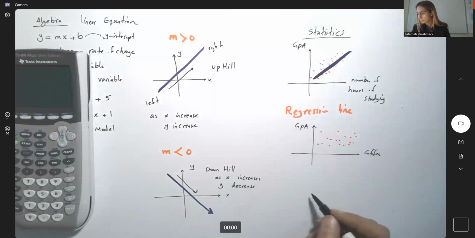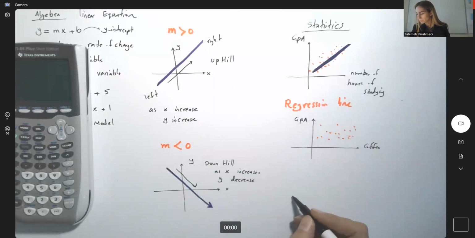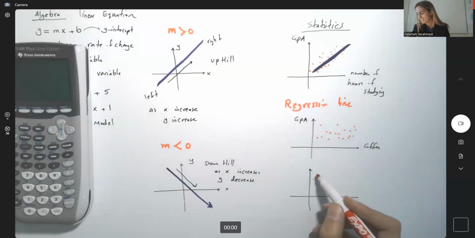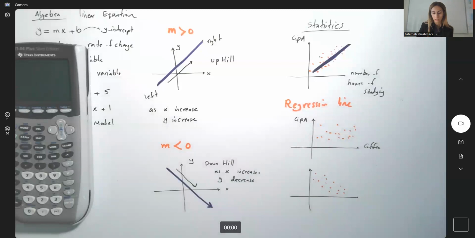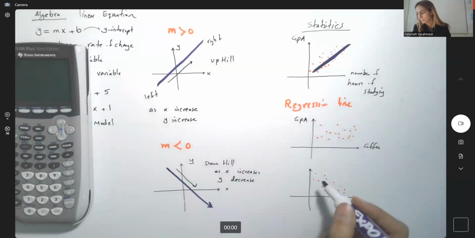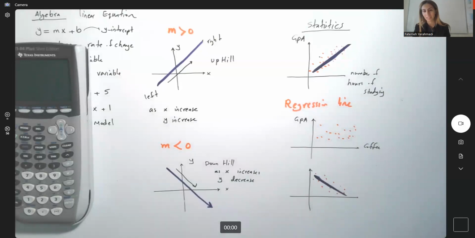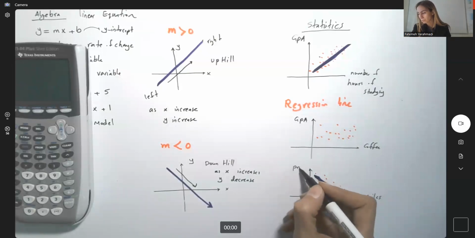You might see something like this in statistics as well. You might see a decreasing trend like this. Well, the correlation is negative in this case. The regression line is a decreasing line. For example, the miles on a car and the price of the car.